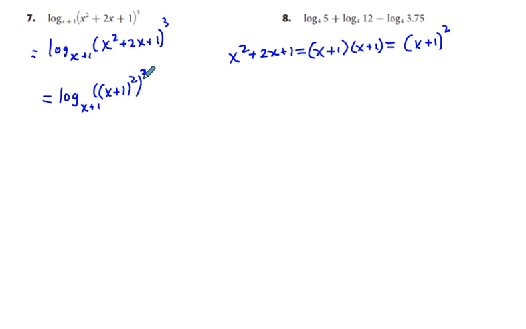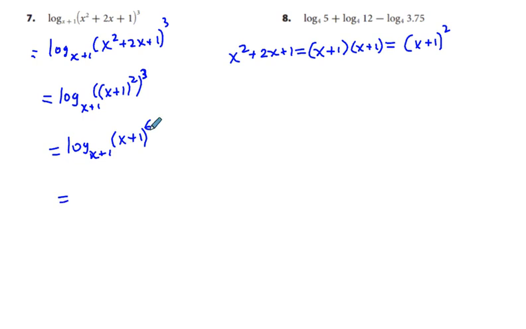And so what that leaves us with is log base x plus 1, and we're going to have x plus 1, and what is 2 times 3? Well, that's going to be 6.